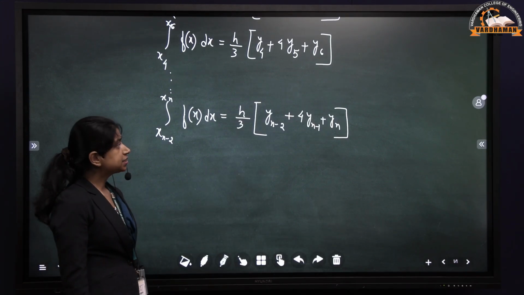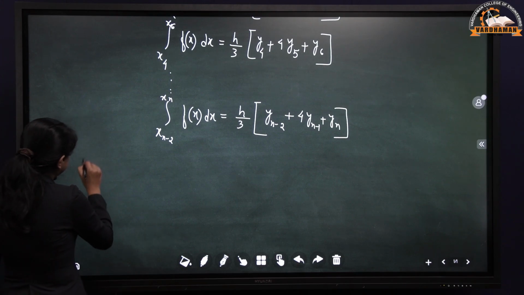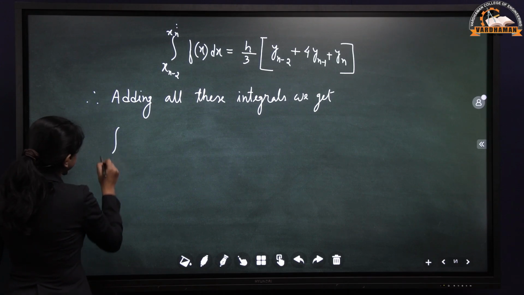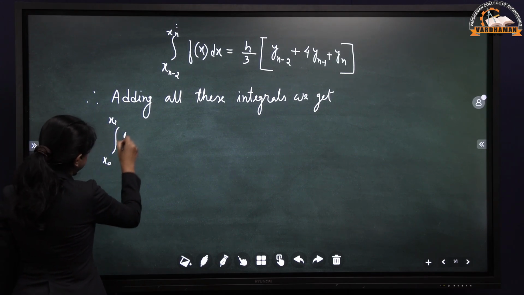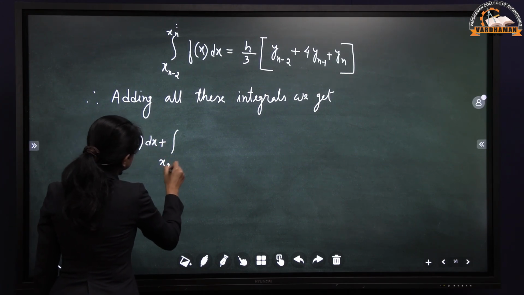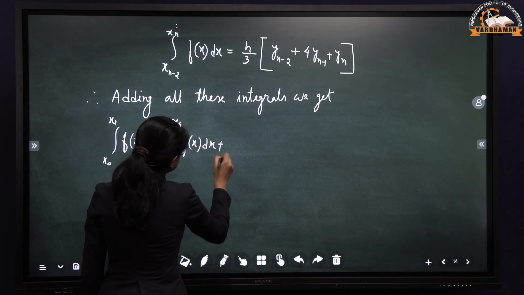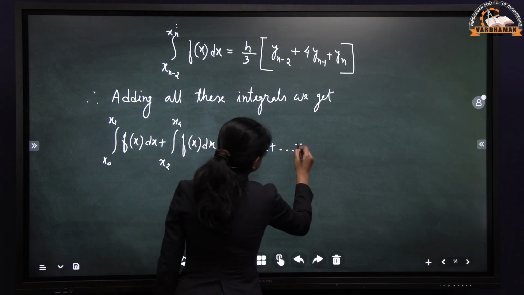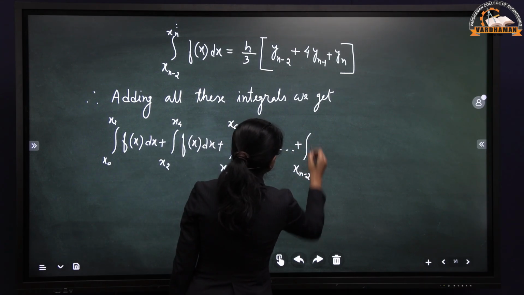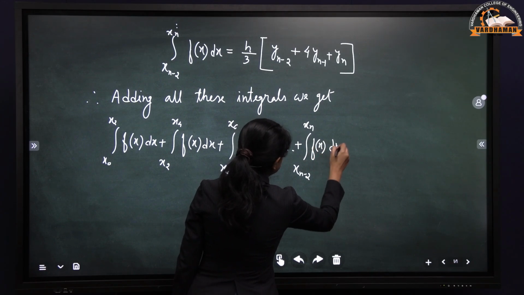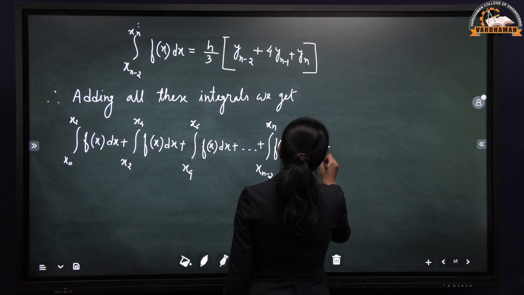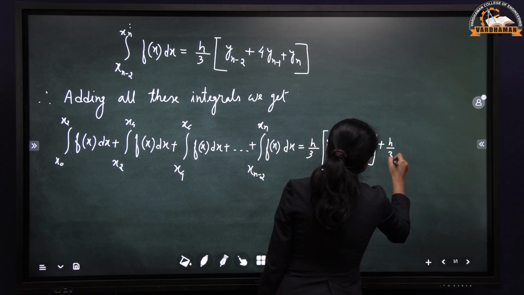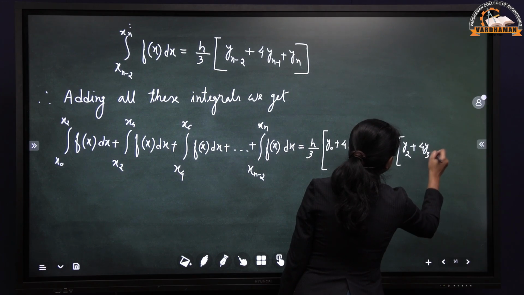We know that integrals are additive over subintervals. So we will add all these integrals. Adding all these integrals, we get integration x0 to x2 f of x dx plus integration x2 to x4 f of x dx plus integration x4 to x6 f of x dx plus so on plus integration xn minus 2 to xn f of x dx, and this is equal to h by 3 [y0 plus 4y1 plus y2] plus h by 3 [y2 plus 4y3 plus y4].